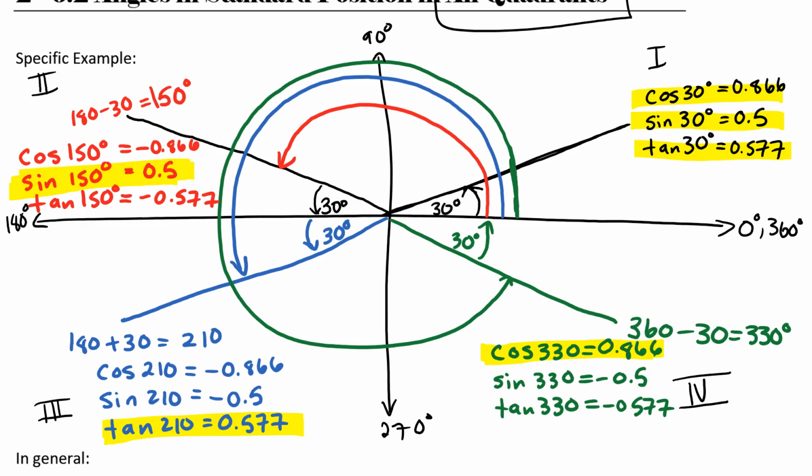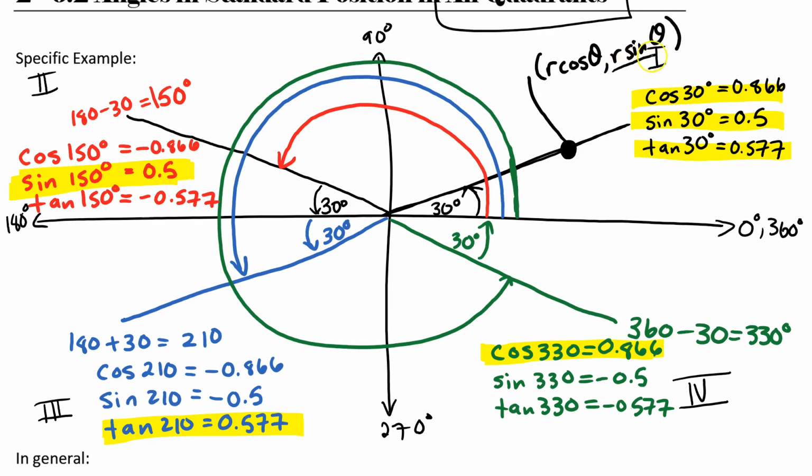I'm going to point out another relationship that circles actually have, and it's pretty cool. If I were to find this point right here, the coordinate point would literally be the length of the radius, or the length of that arm here, times cosine theta, comma, r sine theta. So let's look at these in light of that.